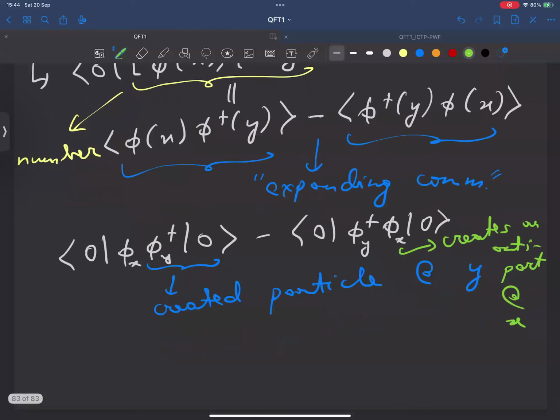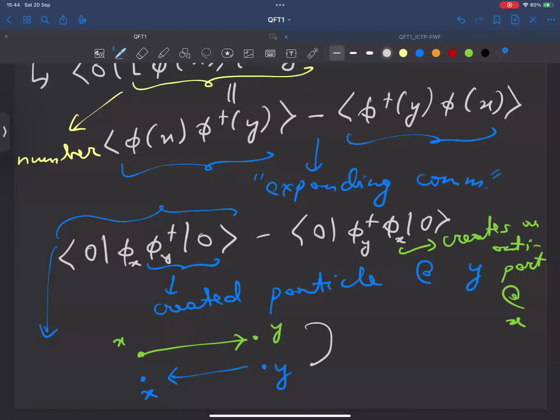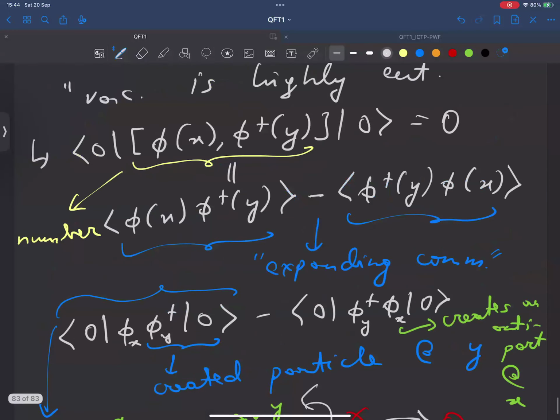So in this part of the equation, you create a particle at y, and then you measure it at x. For the other part, you create an antiparticle at x, sorry, and then you measure it at y. And they precisely cancel each other to give the commutator to be 0. That's what happens, and you get this 0.